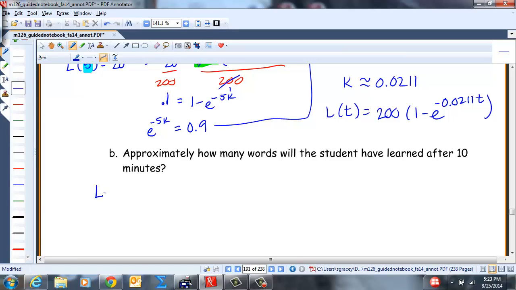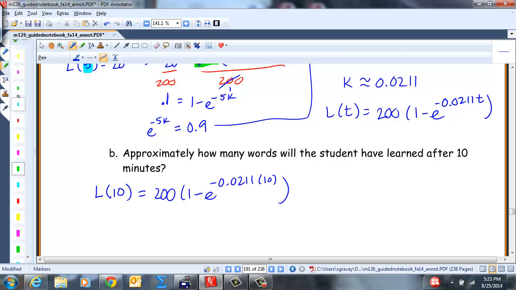So L at 10 is equal to 200 times 1 minus e to the negative 0.0211 times 10. So wherever I saw a t, I put in a 10 for this problem.